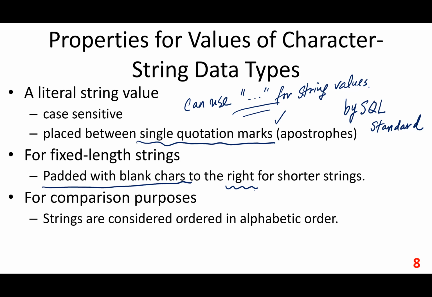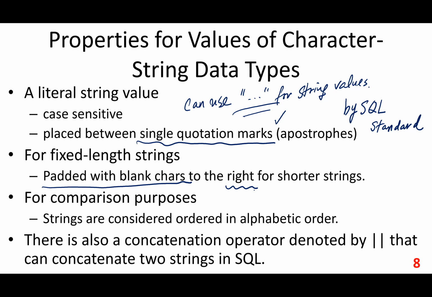There is also a concatenation operator. In SQL, the concatenation operator is a double bar, double vertical bar. In Java, for string concatenation we use the plus sign, right? In PHP, for string concatenation we use the dot operator.